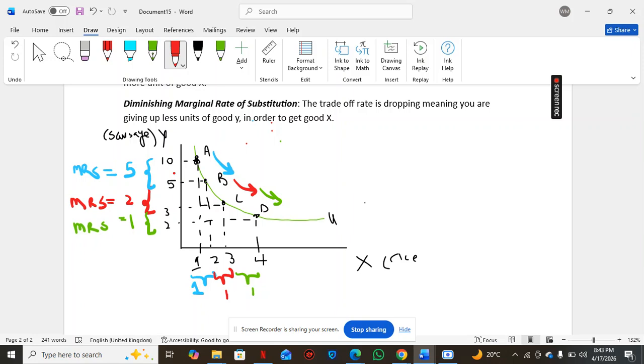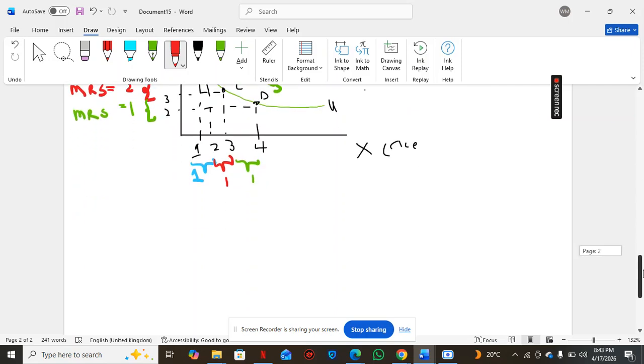Okay. So mathematically, this marginal rate of substitution, MRS, equals the marginal utility of good X over the marginal utility of good Y. When we say marginal utility, it just means the additional satisfaction.